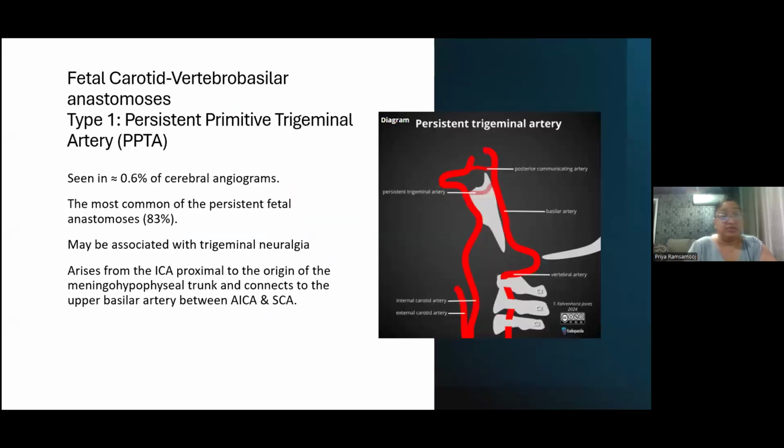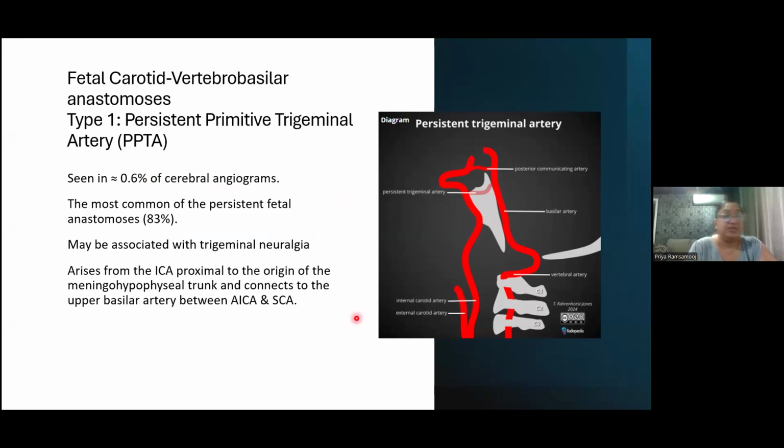In essence, type 1, persistent primitive trigeminal artery, right here. We see it between our ICA and our basilar, sorry. It's seen in 0.6% of cerebral angiograms, and like I said, it connects the cavernous carotid to the basilar artery, and it is the most common of the persistent fetal anastomoses, up to 83% of cases.